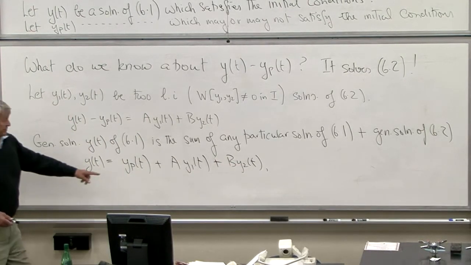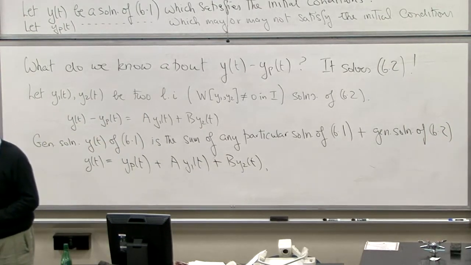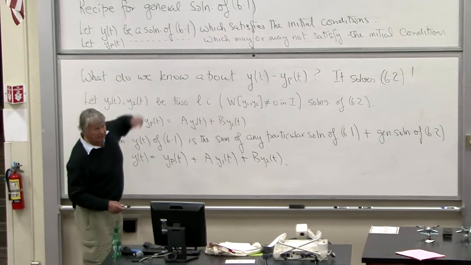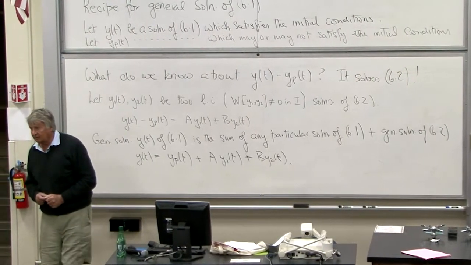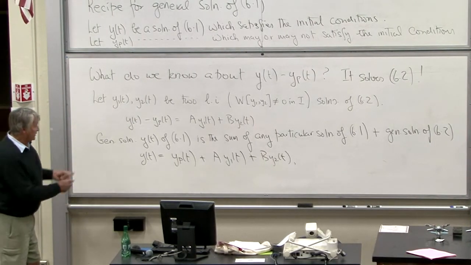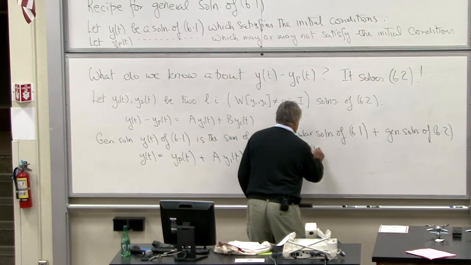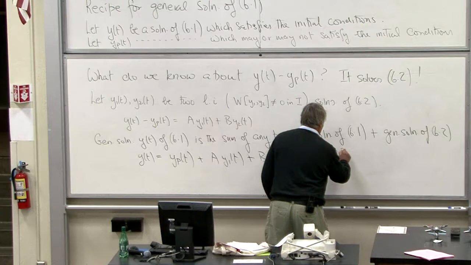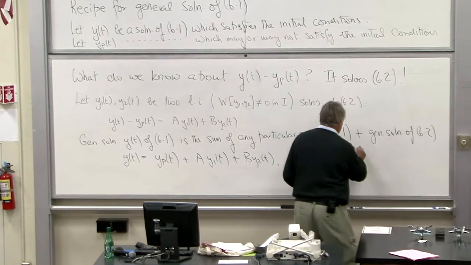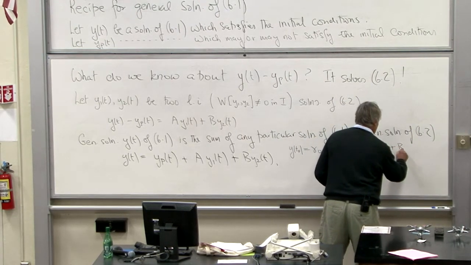Now, because y1 and y2 have non-zero Wronskian on the interval, we can satisfy any two initial conditions that we care to give at a point t0 on this interval. So the initial conditions would be y of t0, which is gamma naught, would be yp of t0, which we know because it's a particular solution, plus a y1 of t0 plus b y2 of t0.